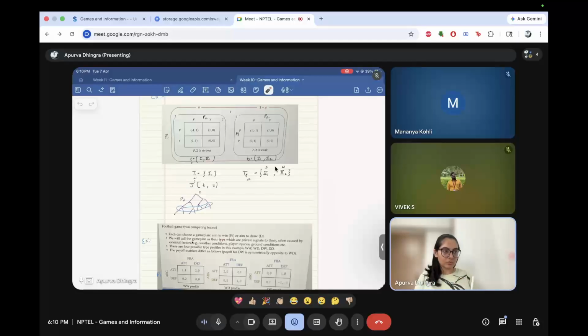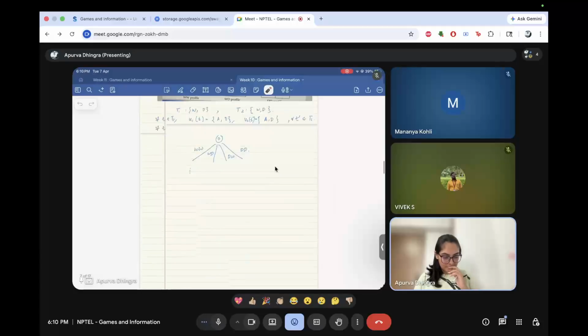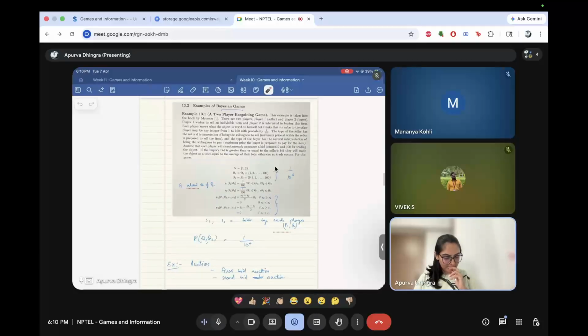But the player who knows his own type will know the game they're headed towards. So there's an asymmetry in the information available to the two players about what the game is, not just about the action of some player. Their strategies would also be affected by that. Then we saw a few examples of that.